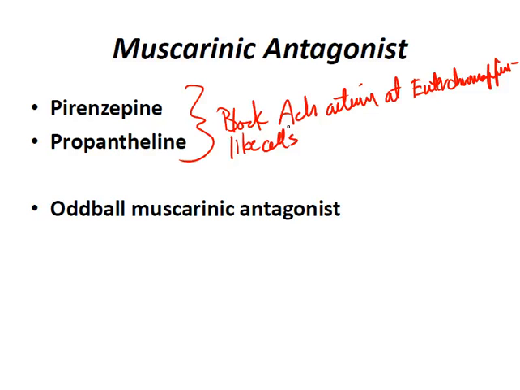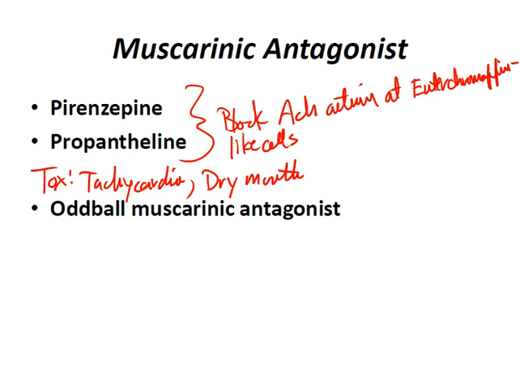Now, what about toxicity with these drugs? What do we got to think about? They're related to acetylcholine inhibition, so if you get toxic on these drugs, you're going to get things like tachycardia, dry mouth, things like that.